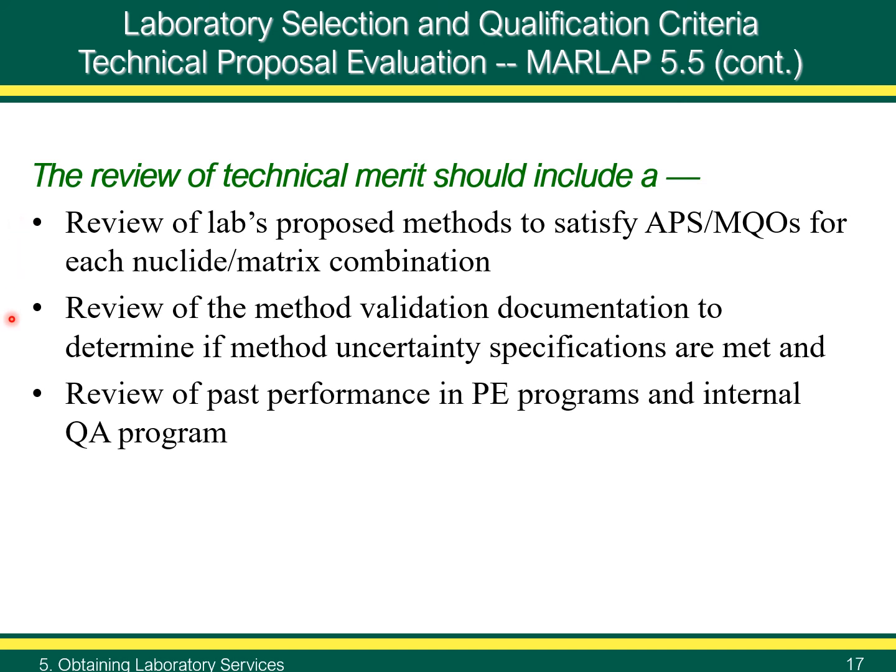It should also include a review of the method validation documentation to determine if method uncertainty specifications will be met, and a review of past performance in PE programs and internal QA program.